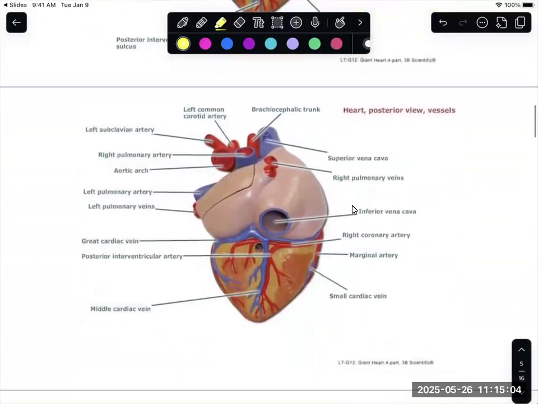Here we're going to get into some of these blood vessels. So here I mentioned you can see those pulmonary veins. Those pulmonary veins are those red ones, red because they're full of oxygen. We can also see this inferior vena cava.